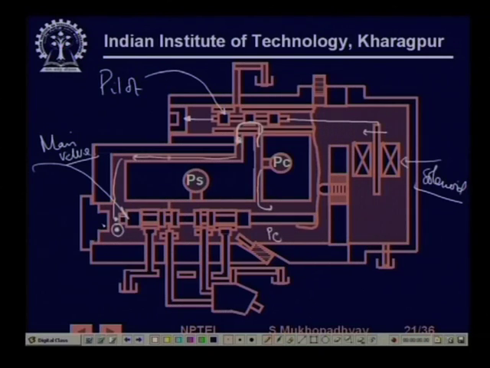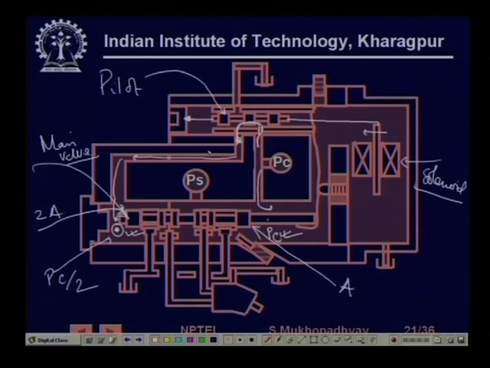In fact, if this side is PC and this side is less than PC and still this has to move this way, then the net force here has to be more than the net force here. Therefore, the areas must be controlled. So, the area here is actually twice A and the area here is A. So, for moving, the pressure here is only required to be PC by 2.